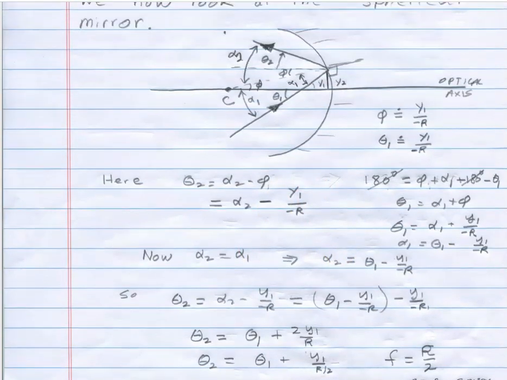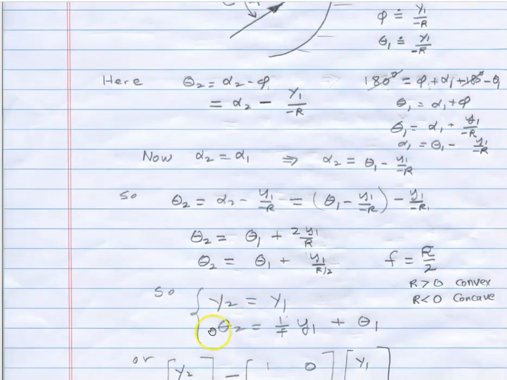I know that the entry is at y1 and the exit at this point here is at y2, so that gives me that y2 is equal to y1. And then for this relation, I can go ahead and use the fact that f is r over 2. I'll rearrange it. This one becomes y1 over f, the focal length of the mirror, plus theta 1.